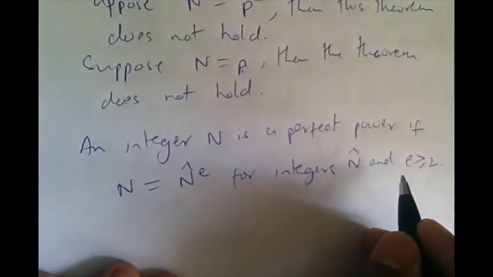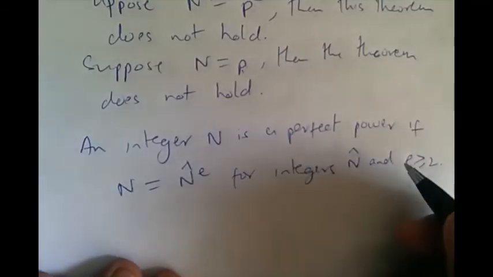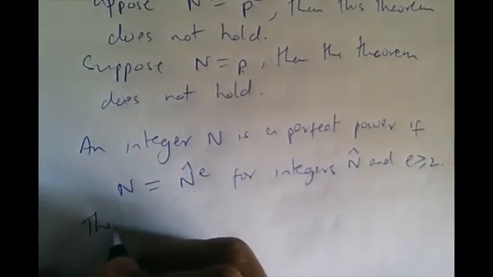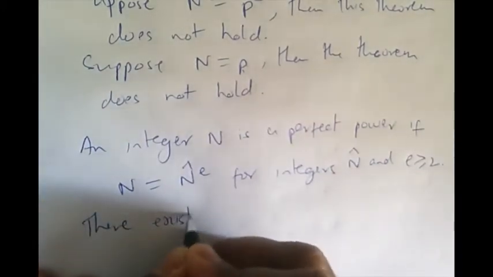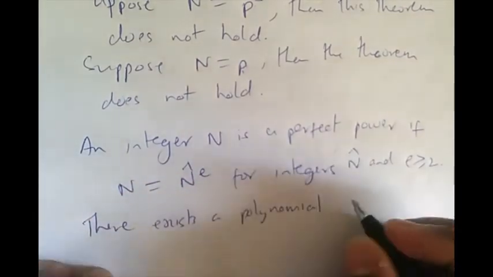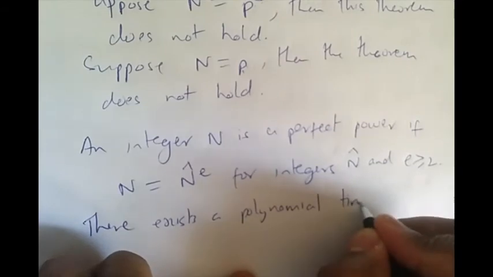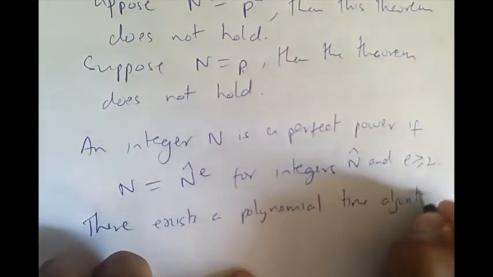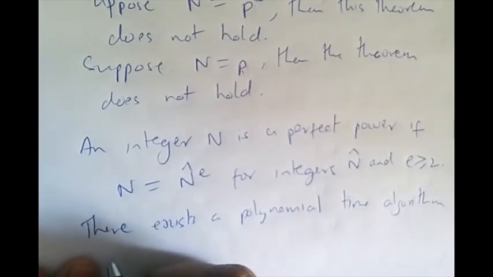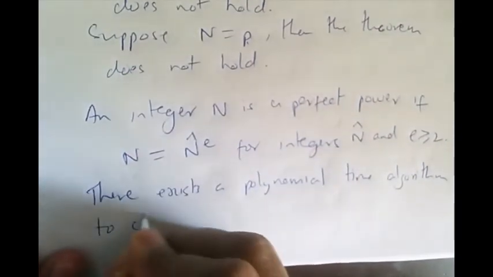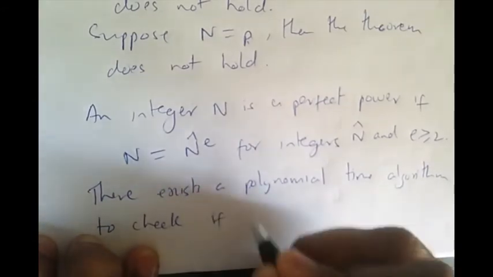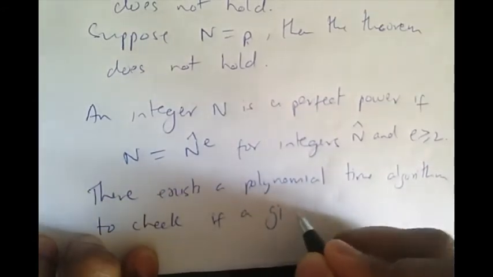It turns out that there is a polynomial time algorithm to check if a given integer is a perfect power.